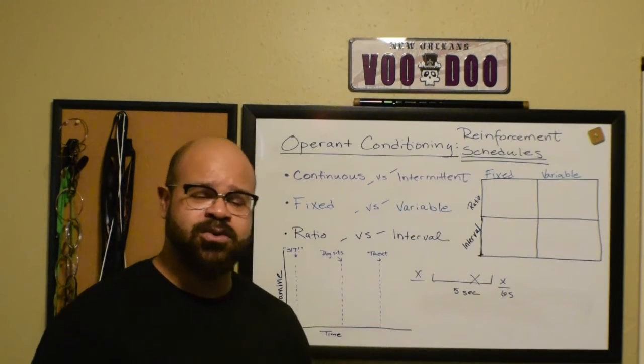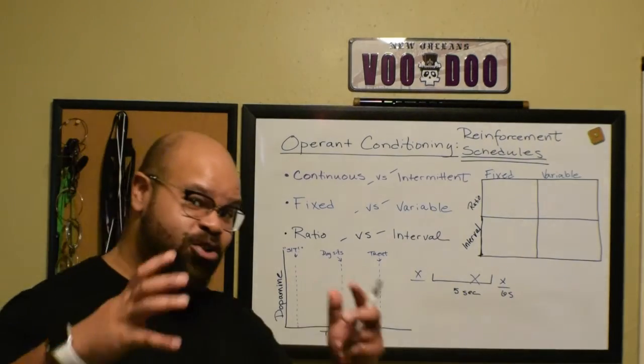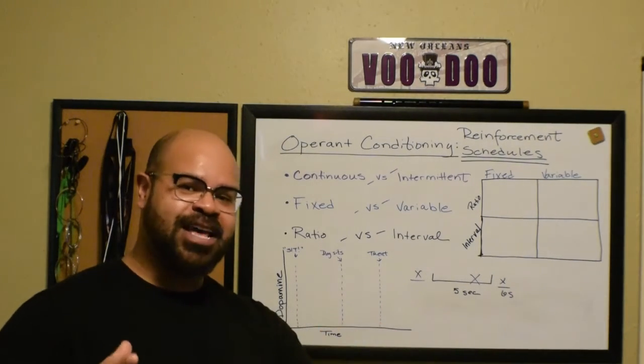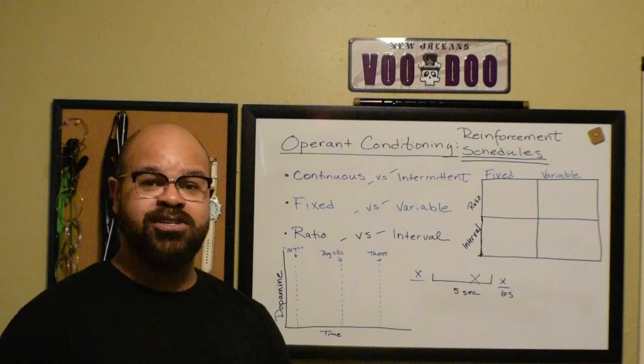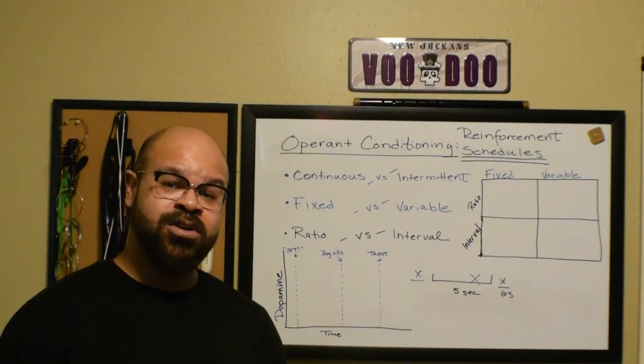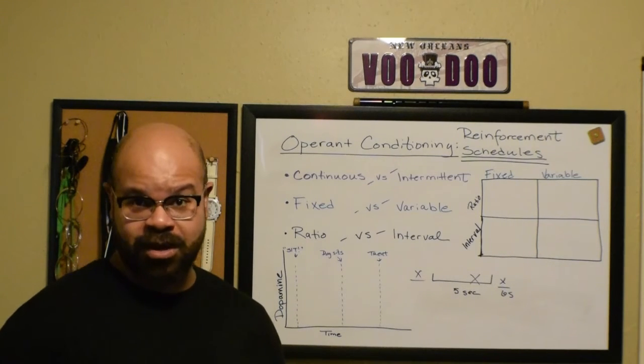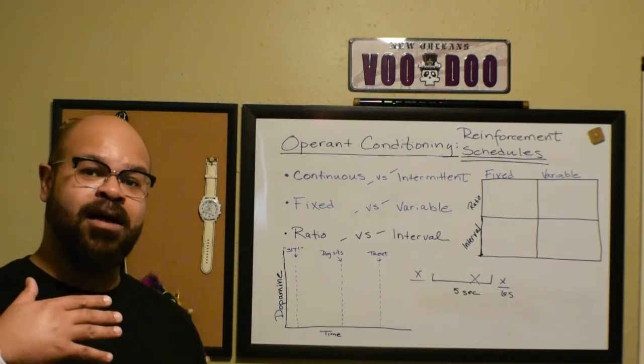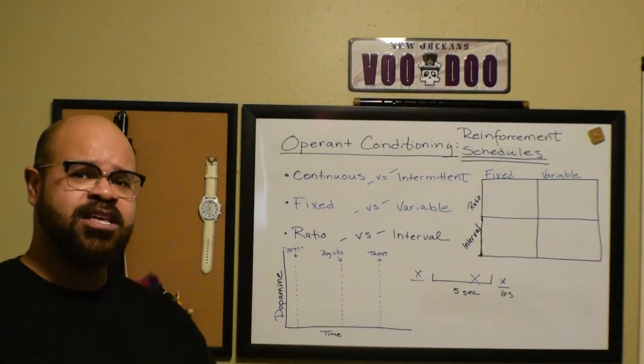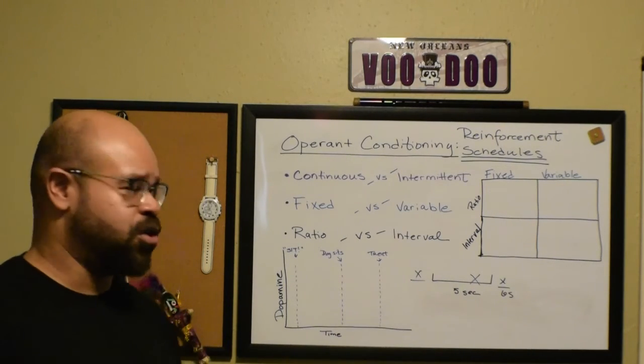So the interval schedule is about setting up an interval of time, an amount of time in which the subject has to complete the task. And if they do, well then they get the reward or they get the punishment, right? But after that window closes, then they're no longer able to earn that, right?